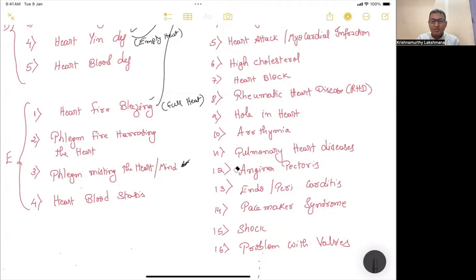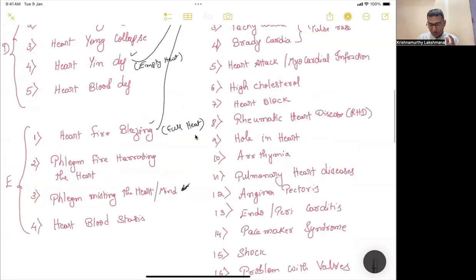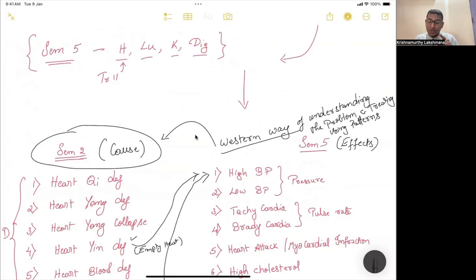If you have to become a very good, high quality therapist, then what is expected is that you should first of all be super good in pattern based diagnosis. There are about 100 standard patterns in semester 2. Why do we call them standard patterns?